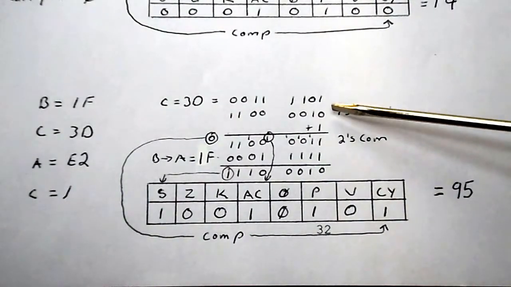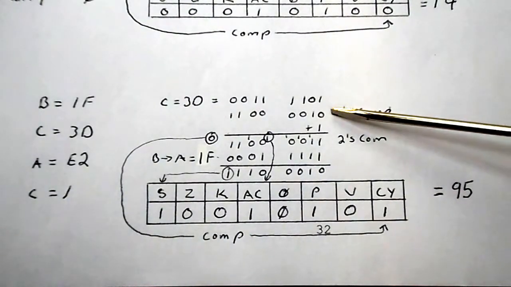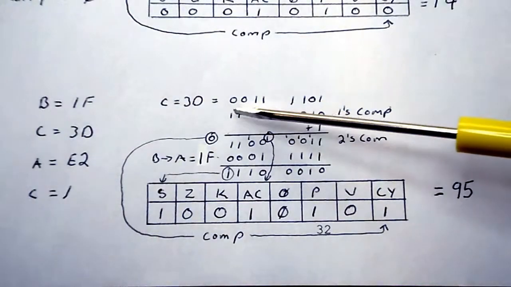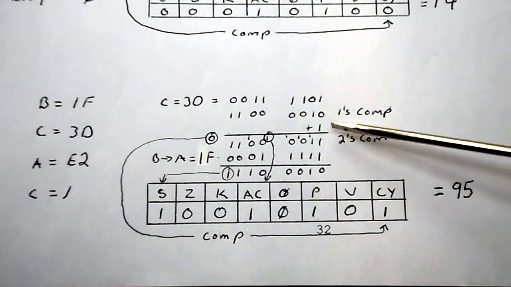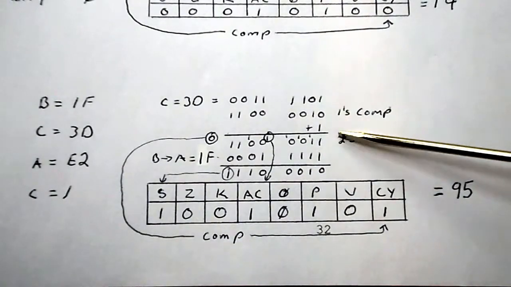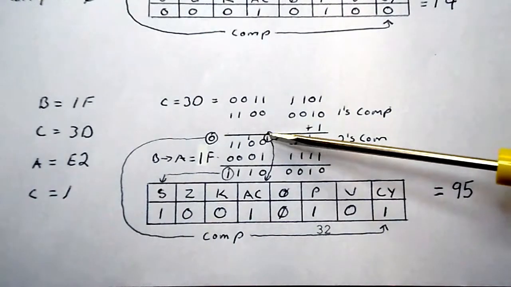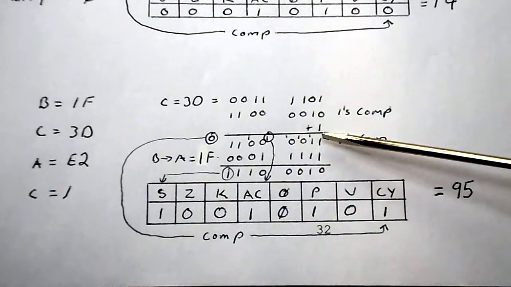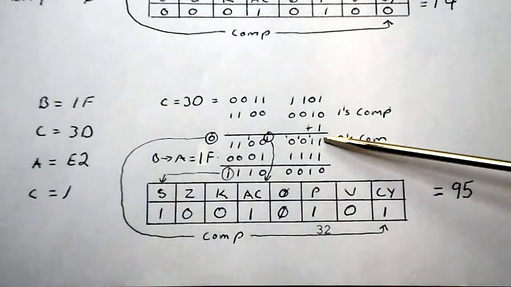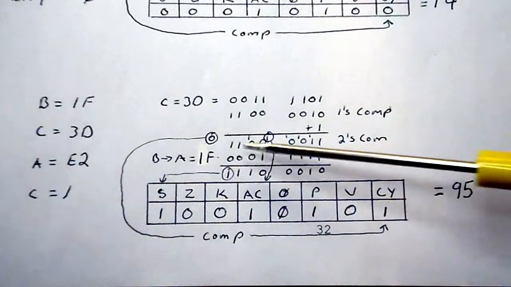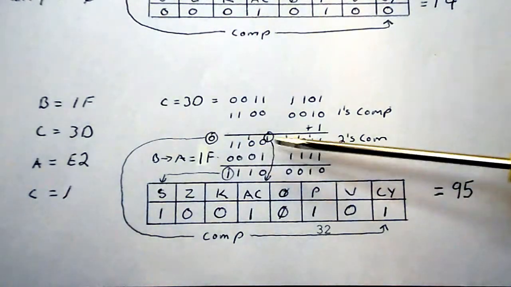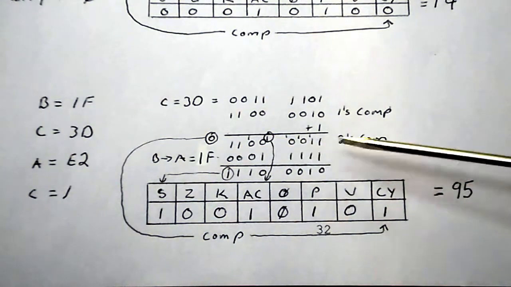So internally they've taken the 1's complement of 3D, and that's 1100 0010. Then they add 1 to that number to come up with the 2's complement. So that ends up being 1100 0011. So this number is then added to the accumulator, which is 1F, which is 0001 1111.